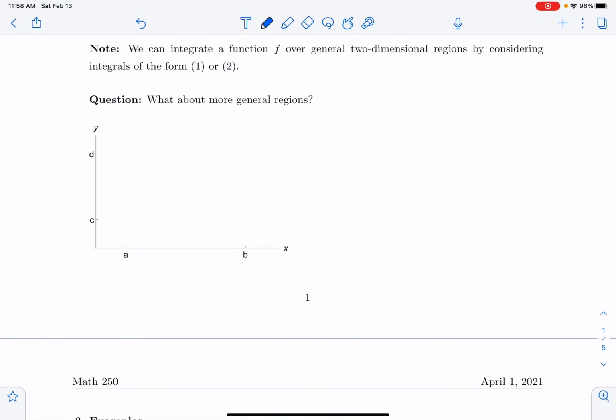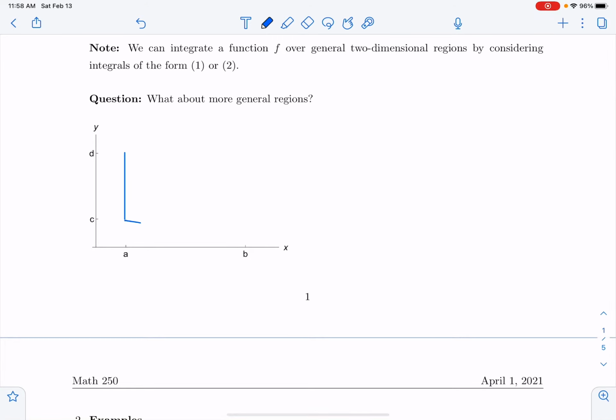Okay, so let me draw something that's a little bit more general. I'm going to go ahead and let it be flat on this side just to make it easier, although it doesn't need to be. Then I'm going to draw something that curves about, and then something that curves down here like that.